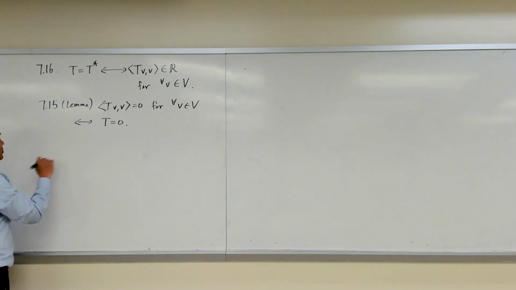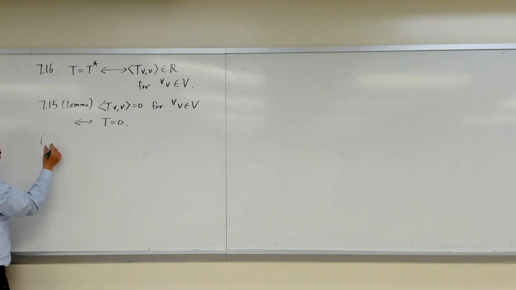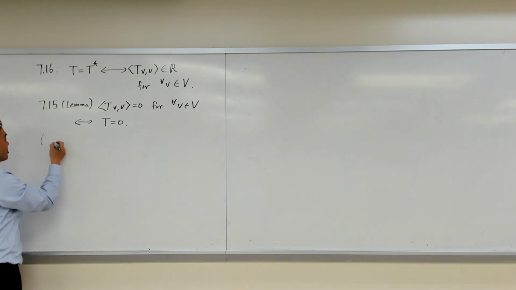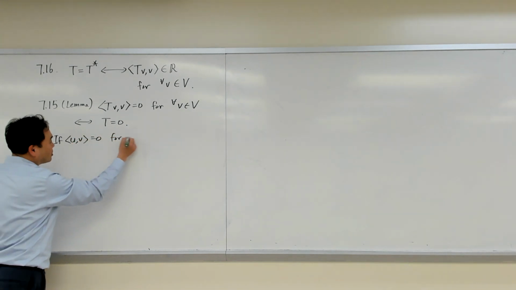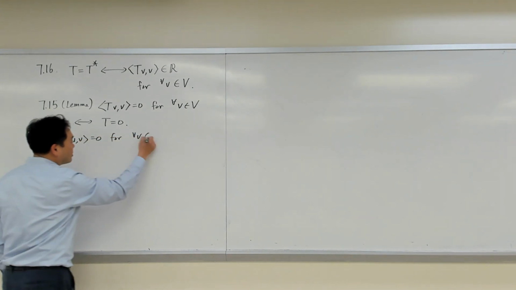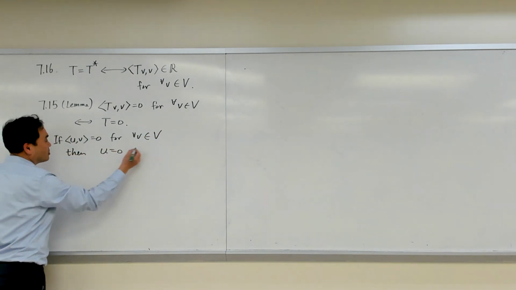Now, hidden in this proof, there's an additional comment that we probably proved some time ago. I can't remember when, but this is something that we use a lot, that if <u, v> equals 0 for all v, then u is 0.